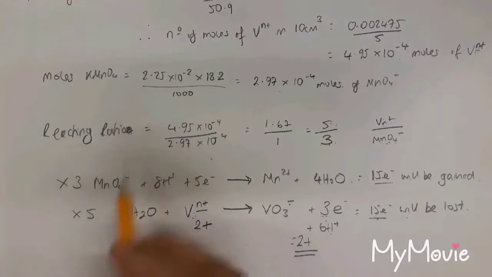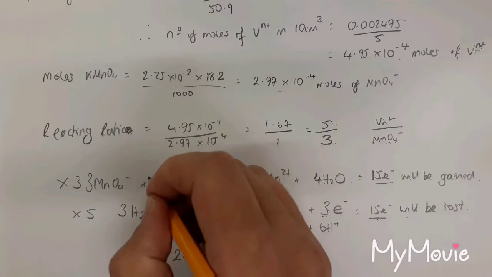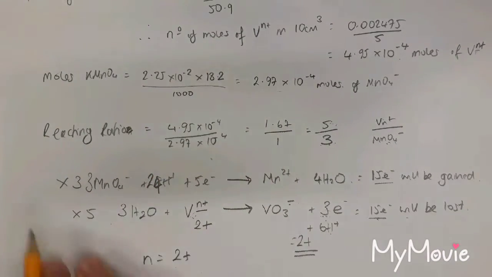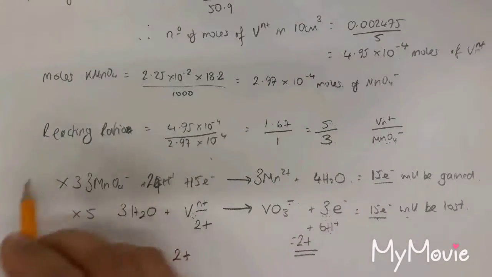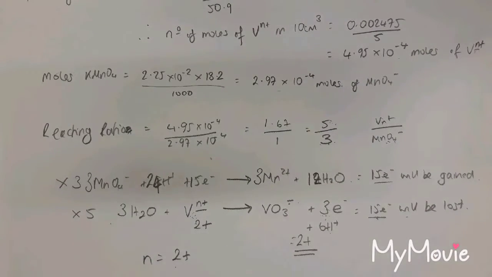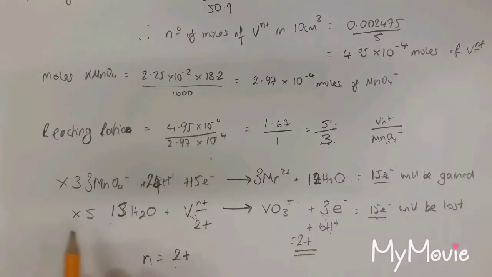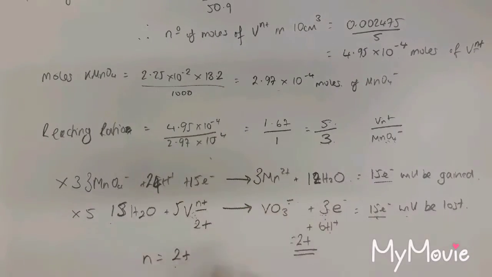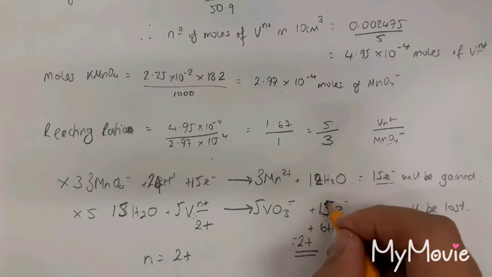Okay, so if we put these numbers in, that's now going to make 3 MnO4, 3 times 8 is 24 hydrogens, just overwrite the 24 there. That gives me 15 electrons, 3 Mn2 plus, and 3 times 4 is 12 waters. And likewise here, 5 times 3, 15 waters, 5 V n plus, 5 VO3 minus, and 15 electrons.